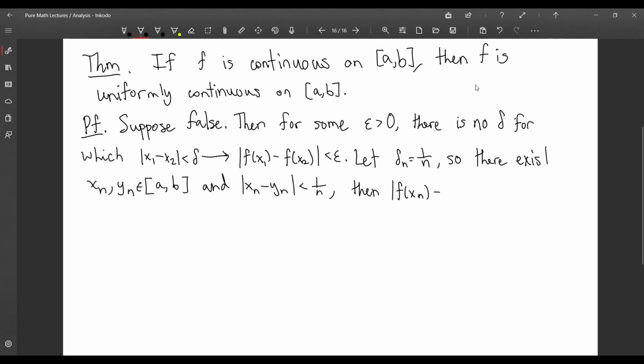I should say x sub n and y sub n have to exist, because if such a pair didn't exist, then we would have uniform continuity.